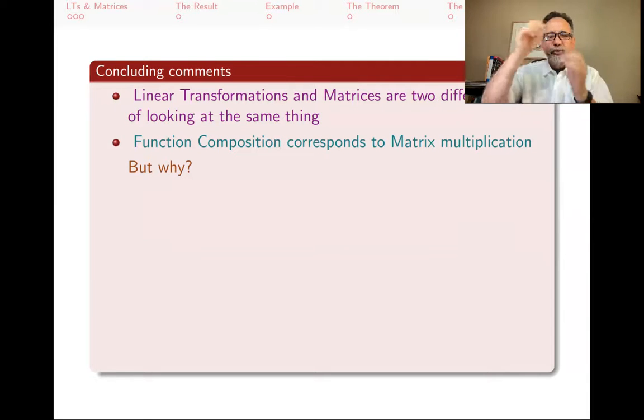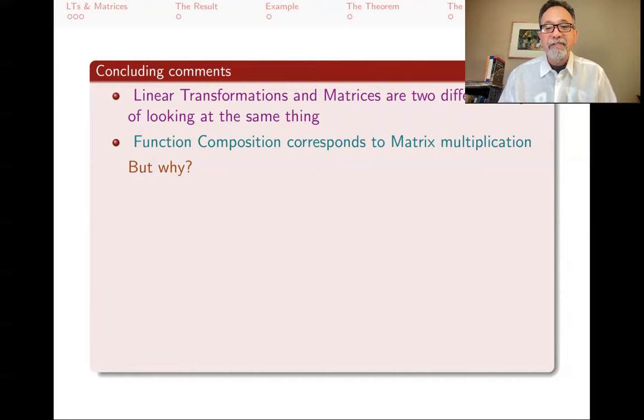Then you take other rows with other columns. That was sort of a strange kind of definition that we came up with. And yet that definition is exactly what corresponds to function composition. And so the question is, how is that? How was it that this weird definition of matrix multiplication knows that it should correspond to function composition?